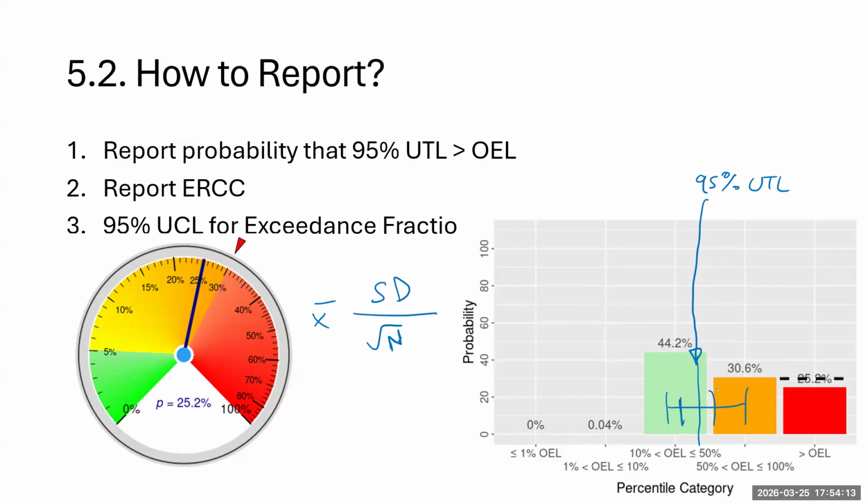So it'll get closer and closer to where we're pretty confident about where it is, but it doesn't change where it is. The way that we change where this is is by implementing controls.